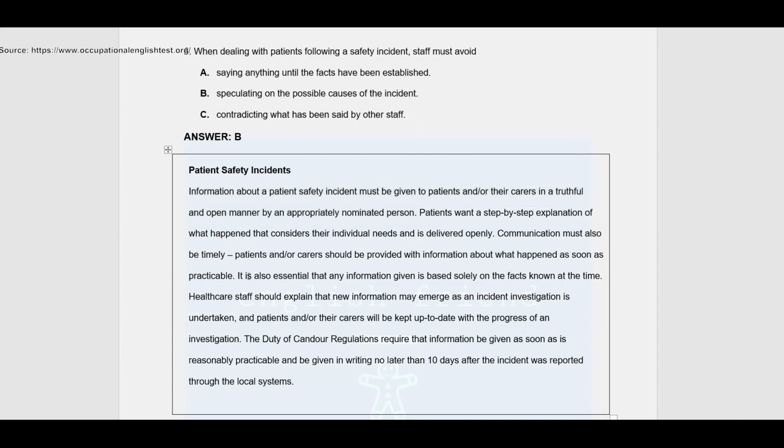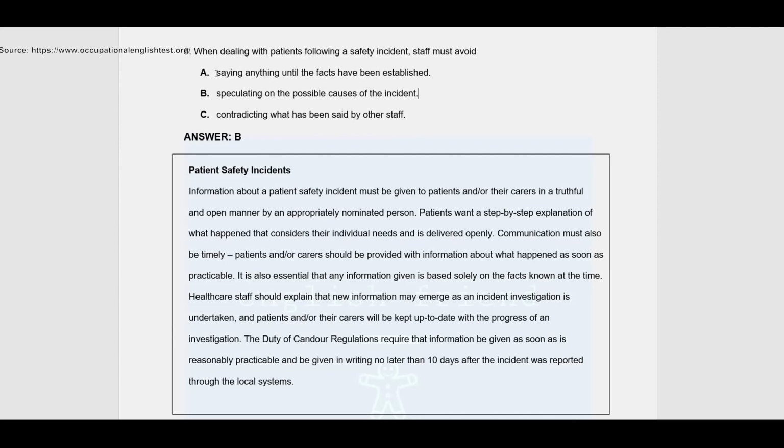As we go further, we may see it is also essential that any information given is based solely on the facts known at the time, which means whatever explanation has to be given to the patient and or their carers should be based on facts, and no speculations or any theory without evidence must be explained.